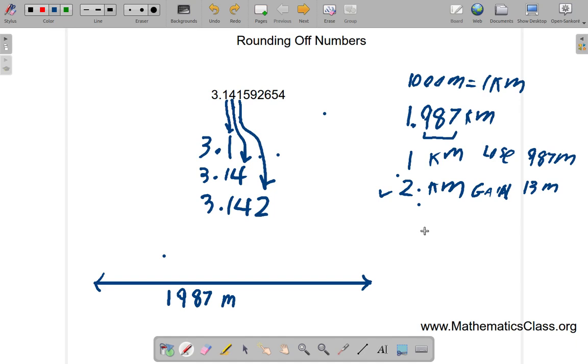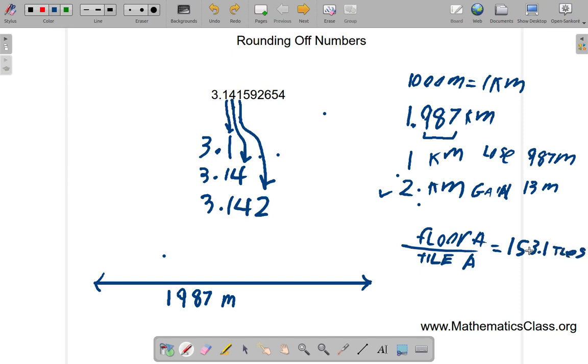In that case, it would be the floor area over the tile area, and you get, for example, 153.1 tiles.